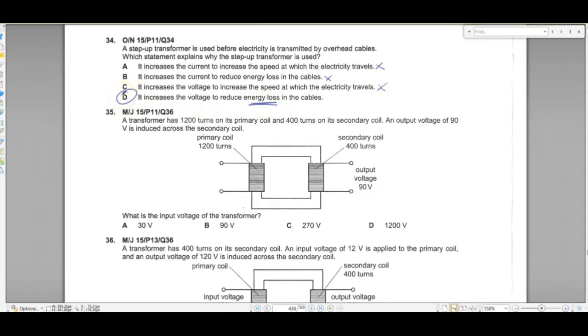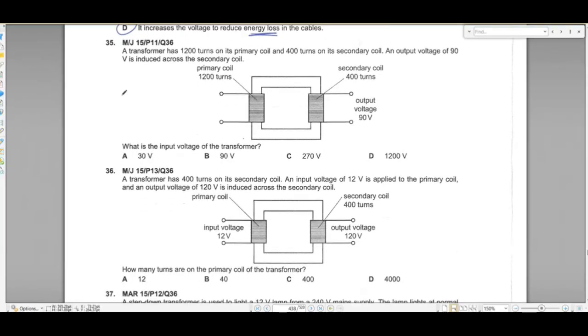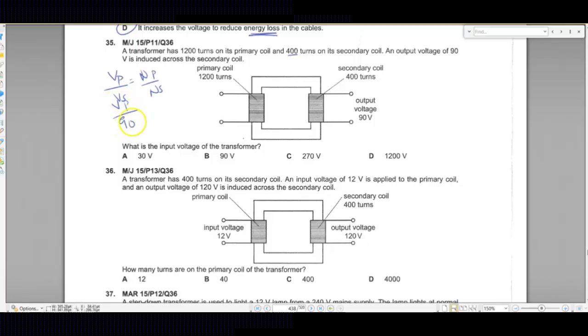Okay. Question number 35. A transformer has 1200 turns on its primary coil, 400 turns on the secondary coil. An output voltage of 90 V is induced across the secondary coil. What is the input voltage? Okay, Vp by Vs is equal to Np over Ns. So Vp is something we have to find. Vs is 90 volts.